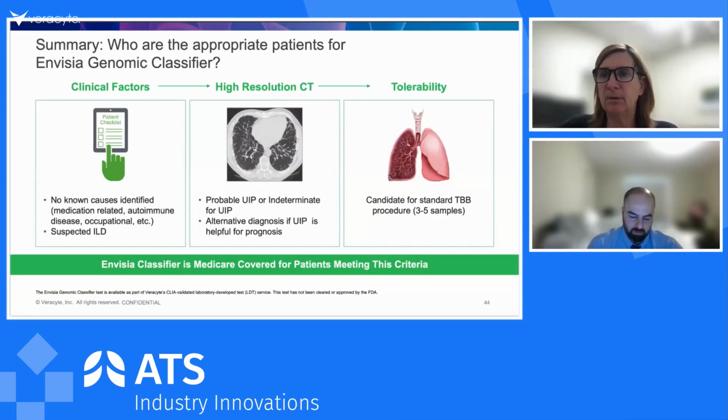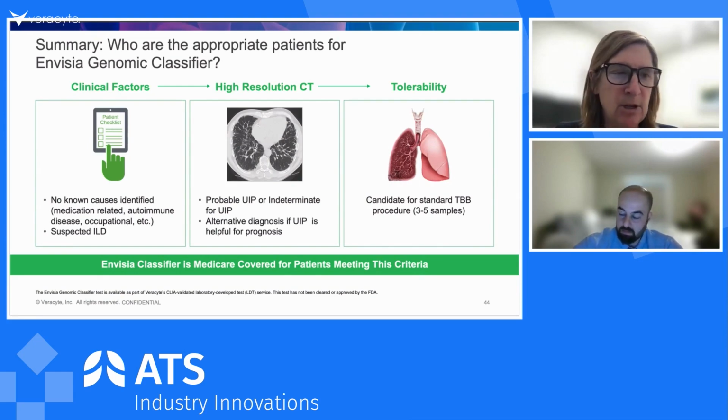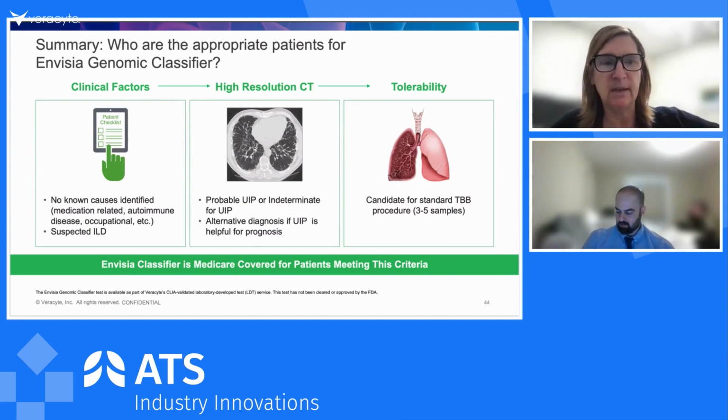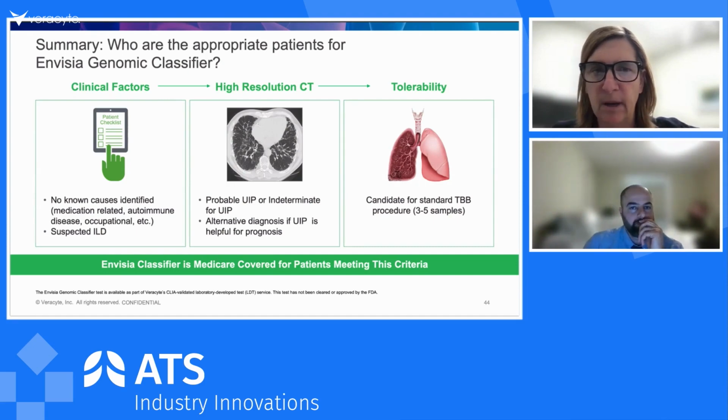Agree. So to summarize what we've been talking about, who are appropriate patients for the Envisia Genomic Classifier? When we think about clinical factors, patients that we don't have a known etiology for, so we don't have a known medication, a known autoimmune disease, or a known occupational risk, but who have ILD, and we're left not knowing what's going on.